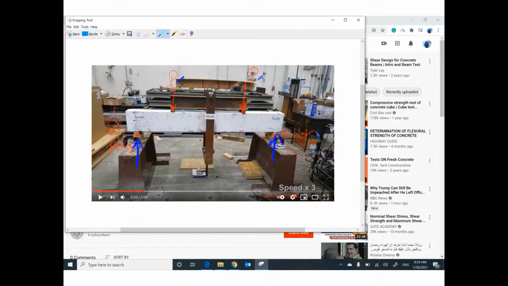That makes sense? So at this location, we have shear because this force P would like to push this part down, and this reaction would like to push this part up. So at this location, we can expect shear.